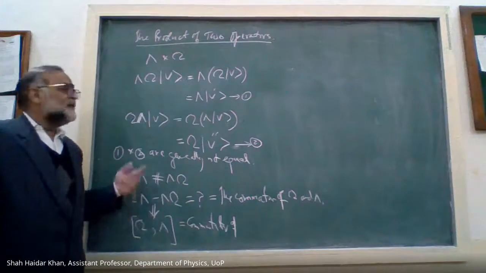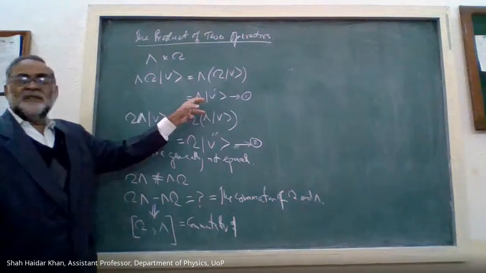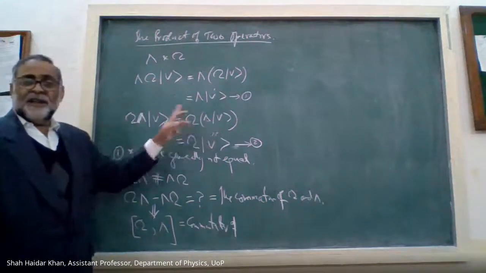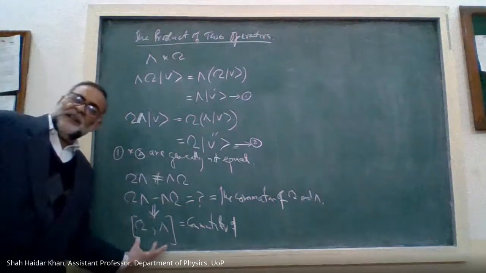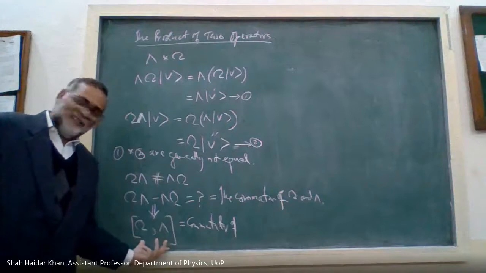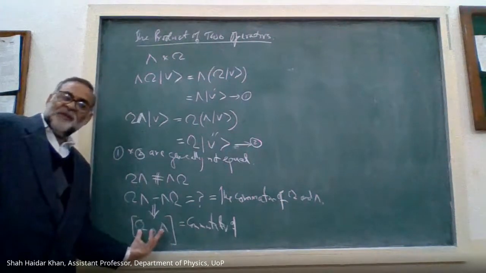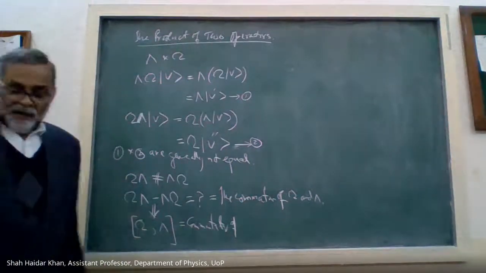First this one acts, and then this one; and suppose first lambda acts and then omega. That difference we call the commutator, denoted by omega and lambda enclosed in brackets.